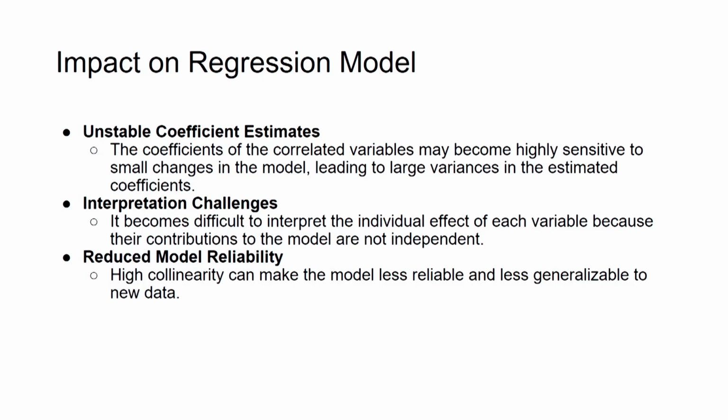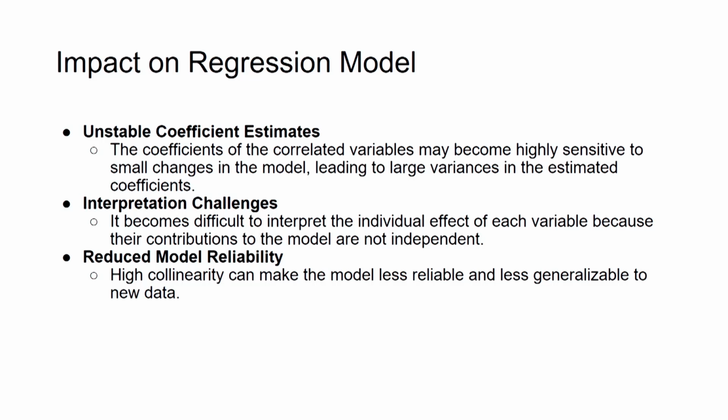We will see the impact of this on the regression model. First of all, unstable coefficient estimates. If we have correlated independent variables, then the coefficients of these correlated variables may become highly sensitive to changes in the model, because if you change the coefficient of one independent variable, since other variables are highly correlated with it, it may lead to large variance in the estimated coefficients.